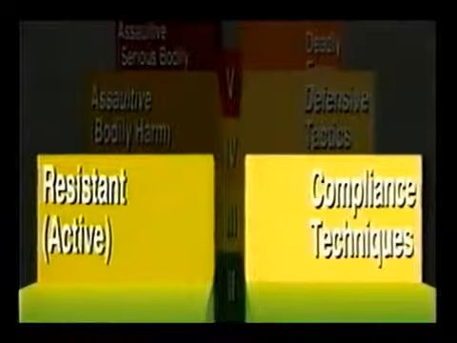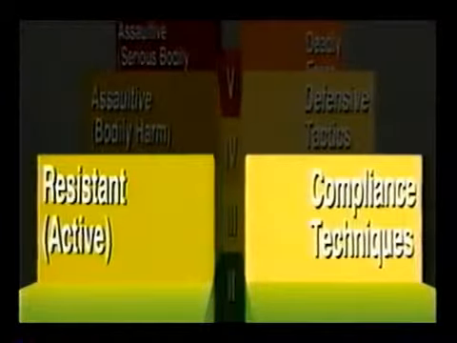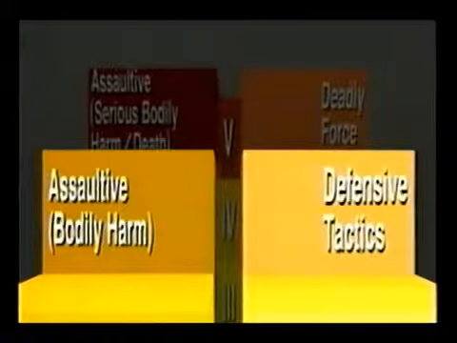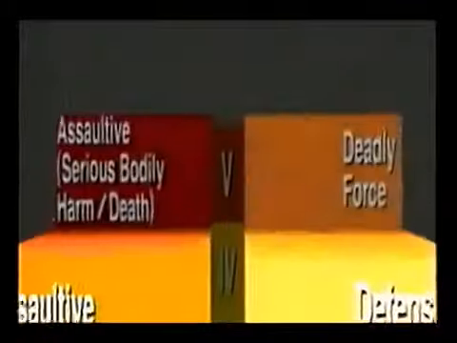The yellow tier signals active resistance and calls for increased awareness and compliance techniques. Orange warns of hostile resistance and imminent bodily harm to the officer or to others and calls for self-defense techniques. And the red tier represents the threat of serious bodily injury or death and calls for the use of deadly force if necessary.